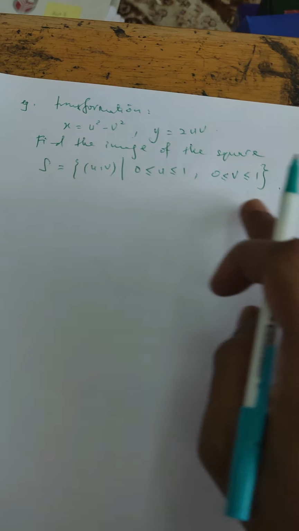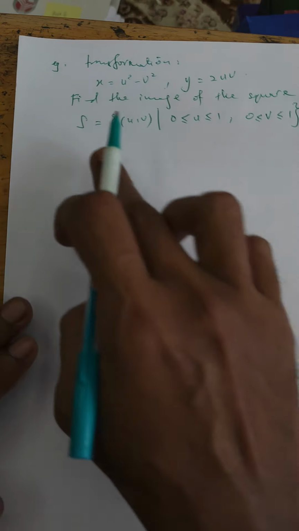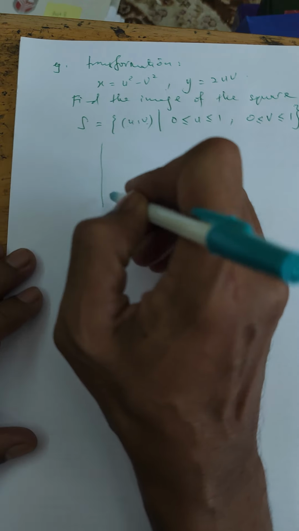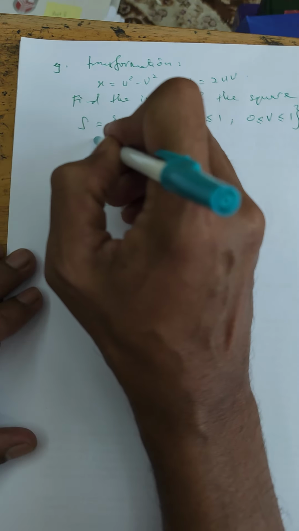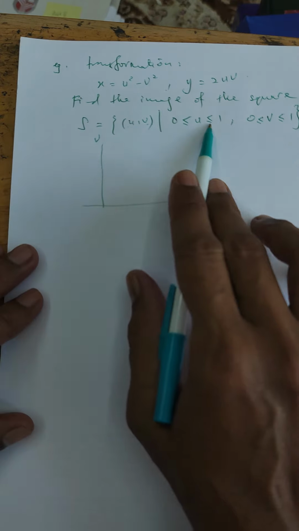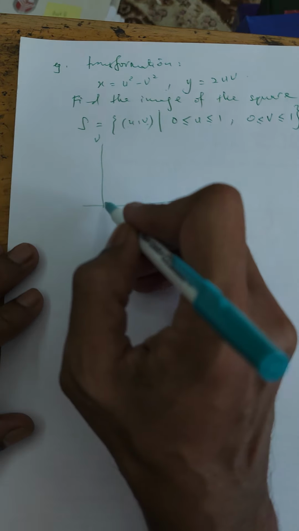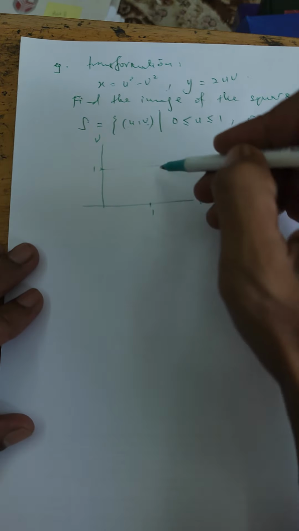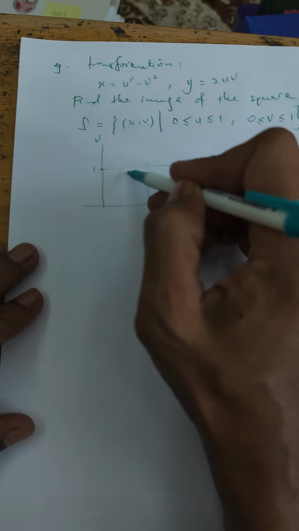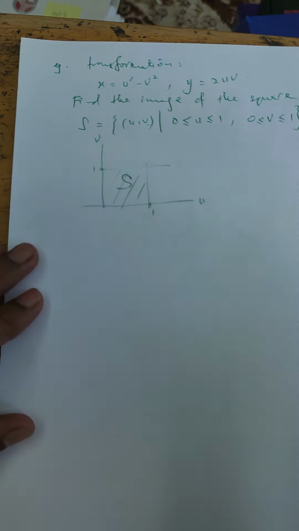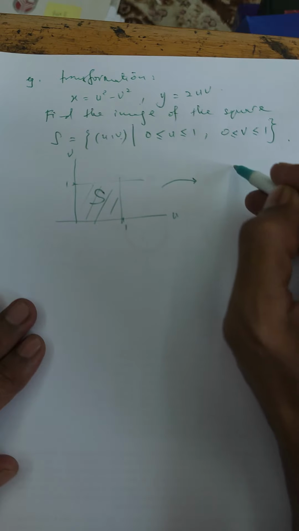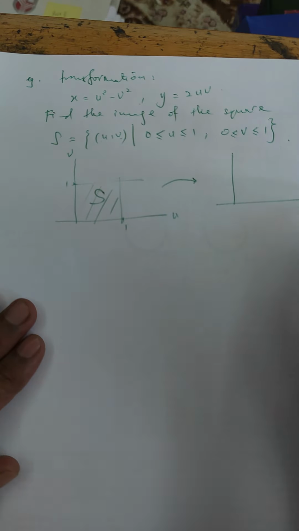Okay, so if we sketch the region S, which is in the uv coordinate system, where u goes from 0 to 1 and v goes from 0 to 1, this is our region S. Now we want to transform this into the xy plane.